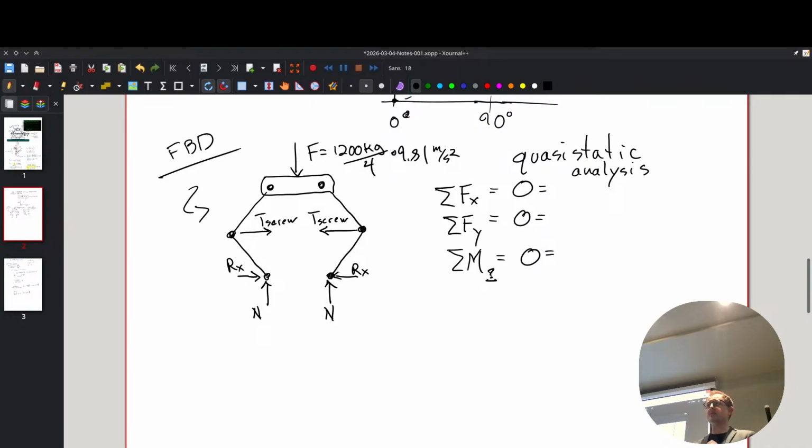What can we figure out so far from our free body diagram? You can write it down, think about it. What do we got so far? Talk about it.